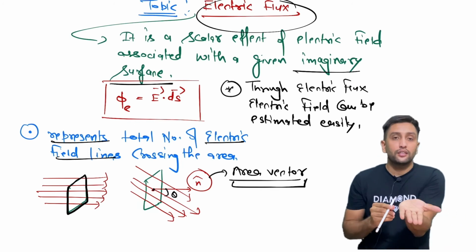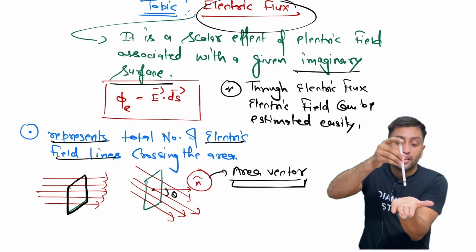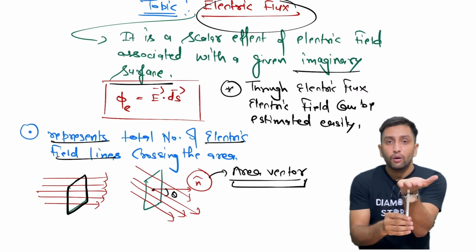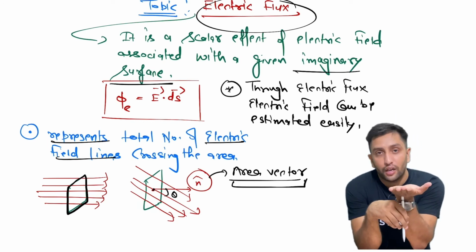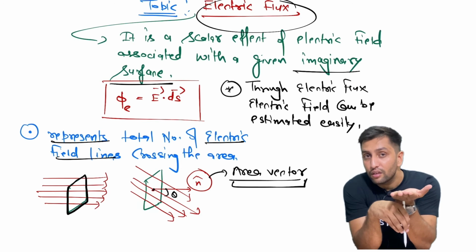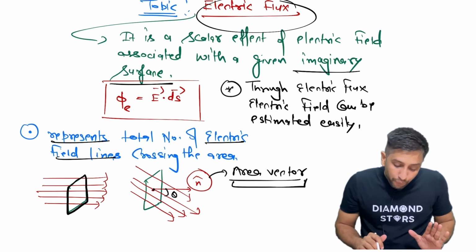If the surface is like this, then the direction will be perpendicular, or it can be in the downward direction. So this will be the negative direction of the area vector. Clear? I hope I made my point clear.